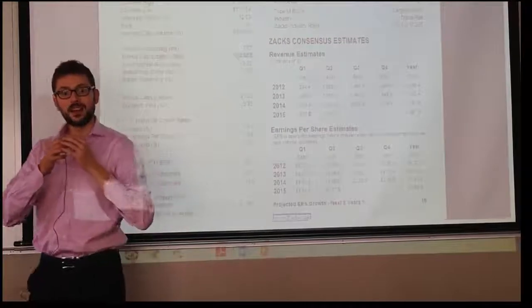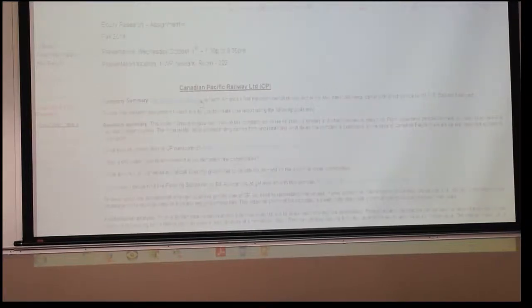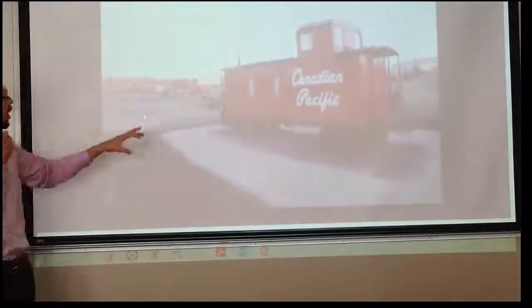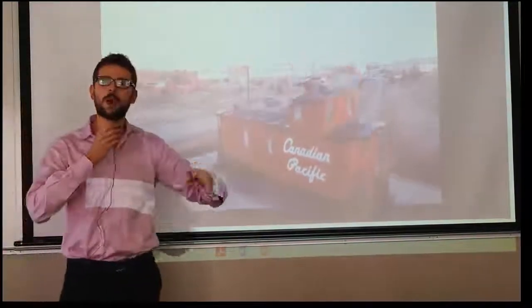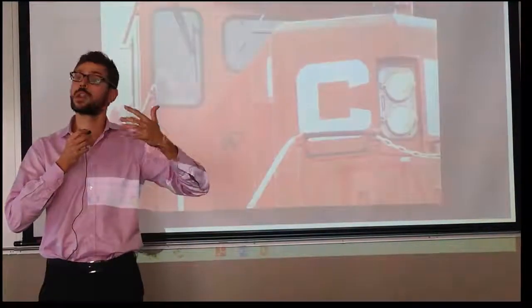And for that, we have to go back and look at some of the other files. I want to go back to CP and what they're all about. The idea with CP is that they are a company that's transporting commodities. And what are the top commodities they're transporting?